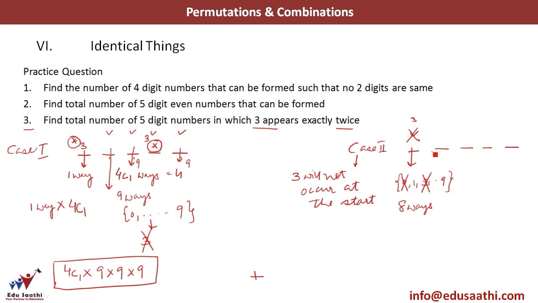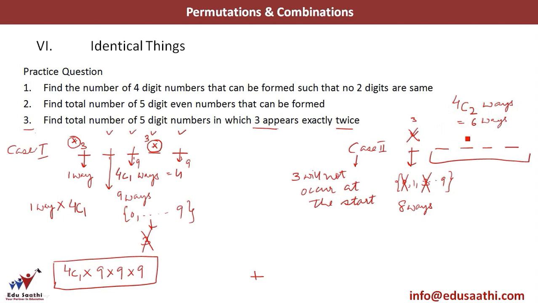Now out of these 4 places, 3 has to occur in 2 of the places, because 3 occurs twice. So in how many ways can I choose 2 places out of these 4? In 4c2 ways. So in 4c2, that is nothing but 6 ways I have chosen.